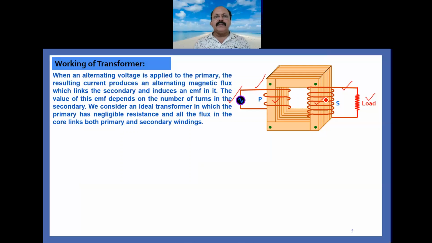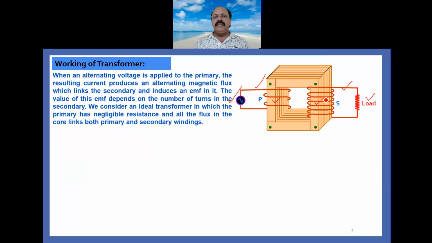Now what happens when we apply alternating voltage to the primary coil? The current that passes through the primary coil produces an alternating magnetic flux, which links the secondary coil and induces an EMF in it.